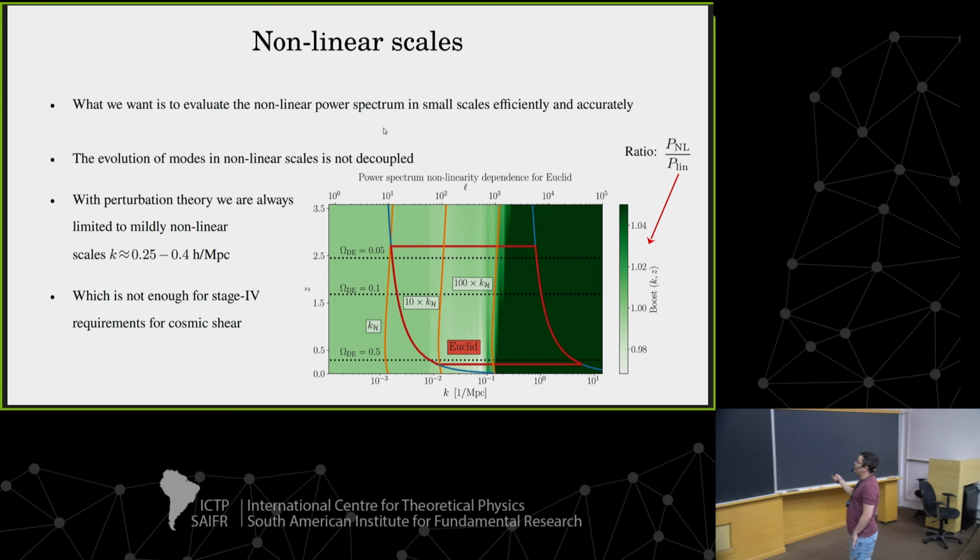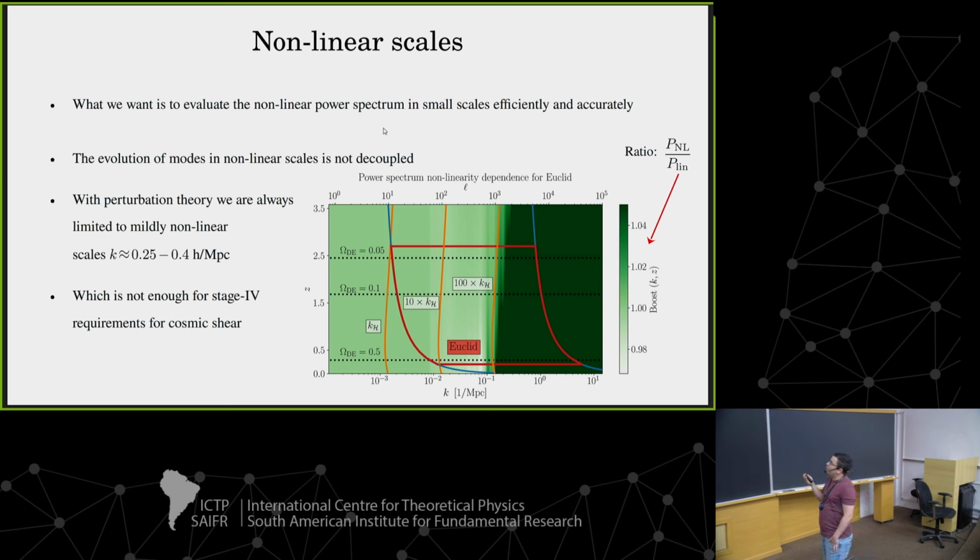I truncated this ratio at 4 here, but it actually exceeds this value, going to more or less 35. But if I used the full range from 1 to 35, it was not clear enough to see the deviations in terms of the colors. It basically shows the Euclid footprint.